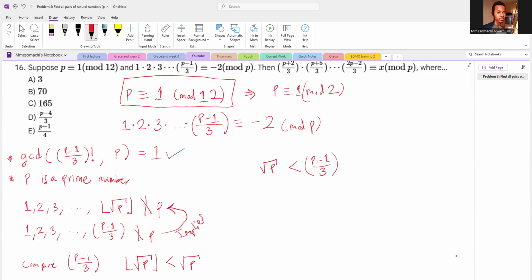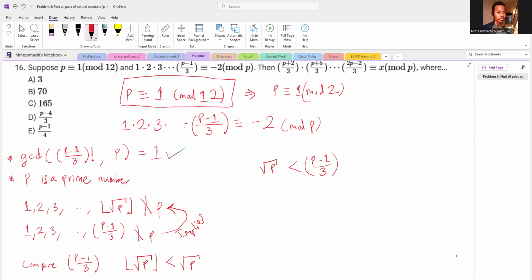It means that the statement that 1, 2, 3 up to (P minus 1) divided by 3 does not divide P implies that 1, 2, 3 up to the floor function of the square root of P doesn't divide P. So if you can show this, then it implies that. I believe that should be clear. So let's look at this.